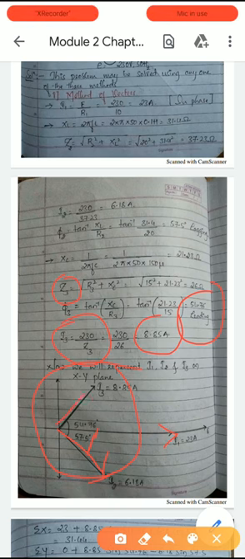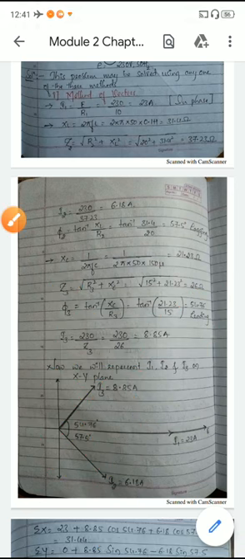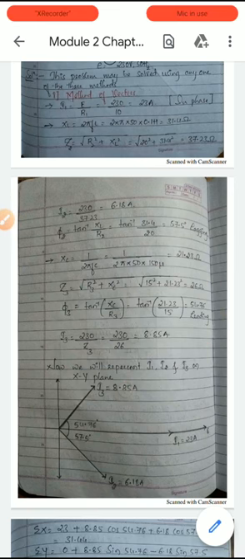Last one is the capacitive circuit, hence it will be leading by an angle of phi, where phi is 54.76, right? So this is how we can solve a parallel circuit problem using the vector method, right?